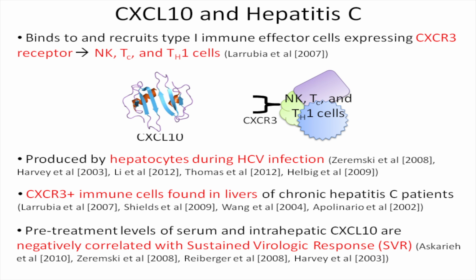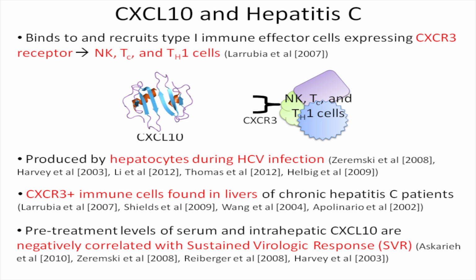Furthermore, CXCR3 positive immune cells are found in the liver of patients with chronic hepatitis C. And clinical significance is further strengthened by the observation that both serum and intrahepatic CXCL10 levels are negatively correlated with sustained virologic response to antiviral therapy.